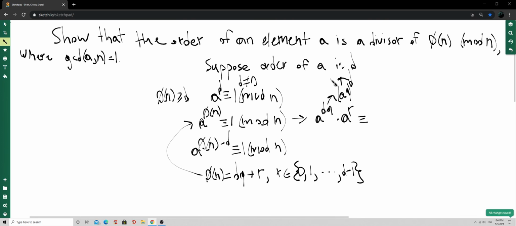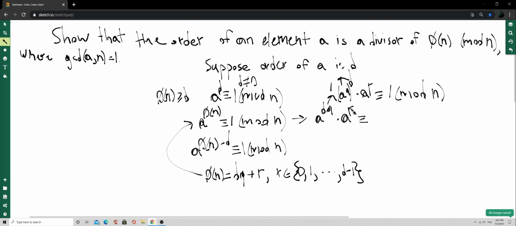So this value is going to go to 1. And furthermore, we're going to have a to the r here, which is congruent to 1 mod n.